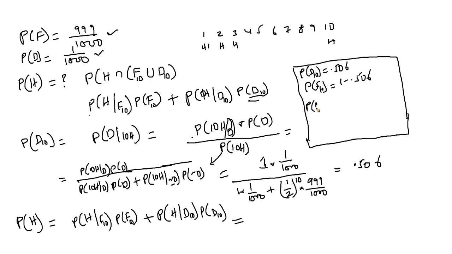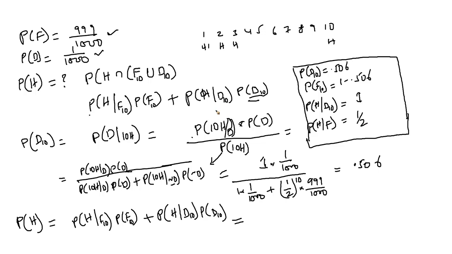The probability of head given D10: if it's a double-headed coin, it's always 1. What is the probability of head given a fair coin? This is going to be half.